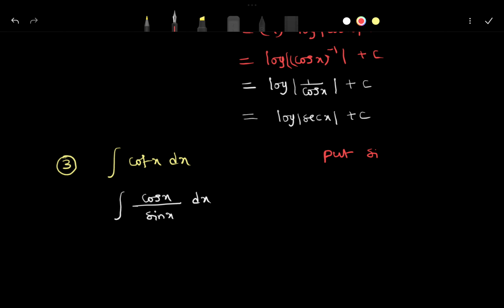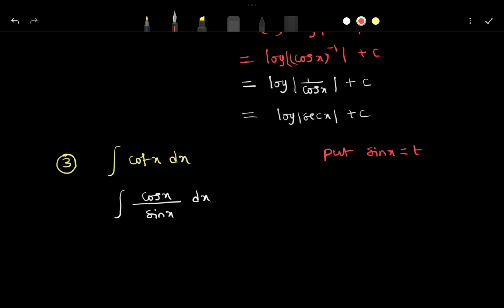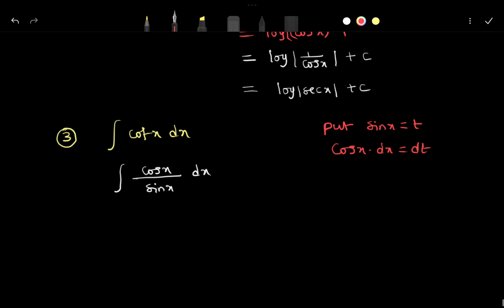Put sin x equals t. Now what is the derivative of sin x? Cos x. So differentiating with respect to x, cos x dx equals dt. I hope everyone is clear on this. Now substitute: the integration of cos x dx becomes dt, divided by sin x, which is t.